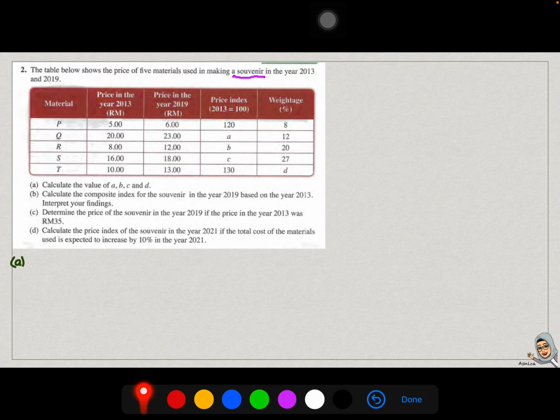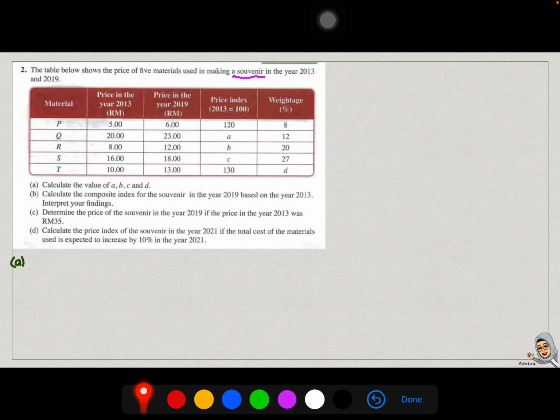B and C are also price index values: A for item Q, B for item R, and C for item S, for the year 2019 base 2013. And then D will be the value of the weightage for material T.